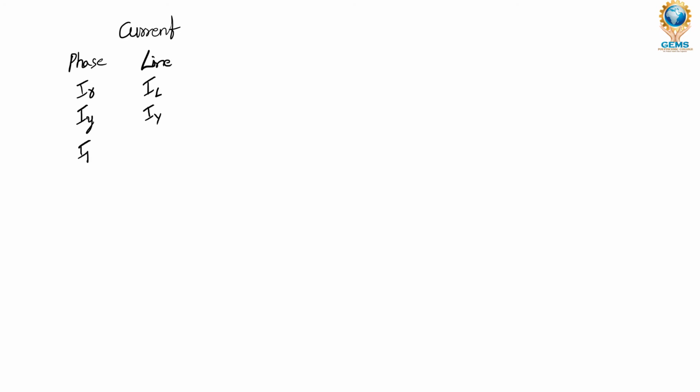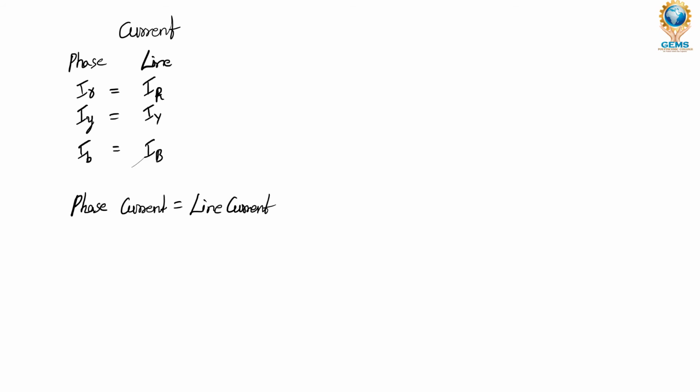Phase current here is IB, here it is I capital B. In star connection, these two are equal: I small r equals I capital R, I small y equals I capital Y, I small b equals I capital B. So we can say that phase current is equal to line current in star connection.